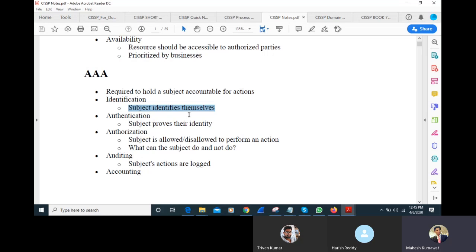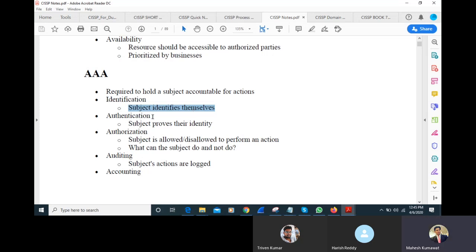Suppose your name is Harish or Triven, so I create your ID on the domain controller or Azure Active Directory. Your ID is an identification of yourself. So you are a subject who has an identity. I hope you understand this.